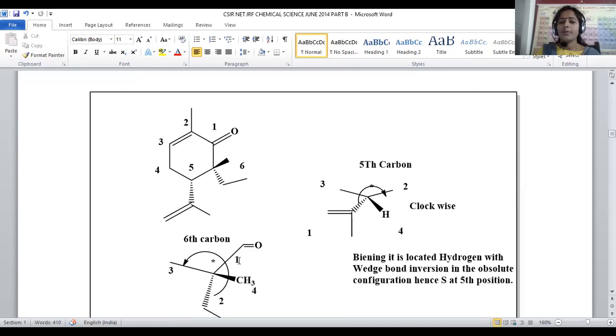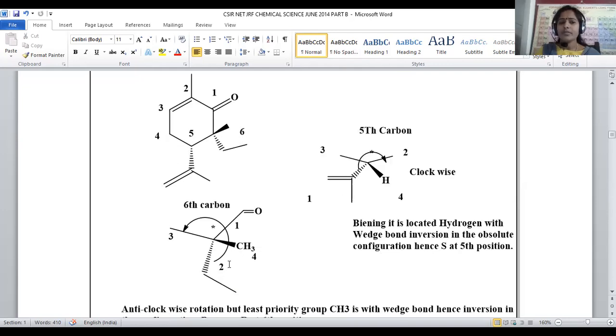That's why the carbonyl group carbon will be assigned number 1, followed by the next carbon which is attached with this ethyl, and followed by this carbon, and methyl will be assigned the least priority. Because the carbon is attached with 3 hydrogens, methyl will get fourth, and again it is towards the viewer, so whatever configuration we are getting will be inverted.